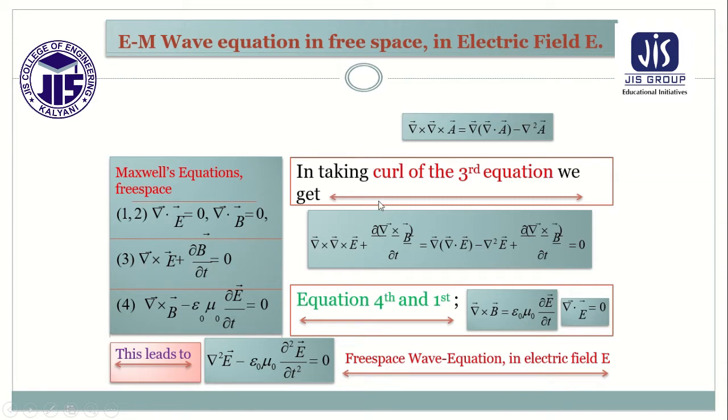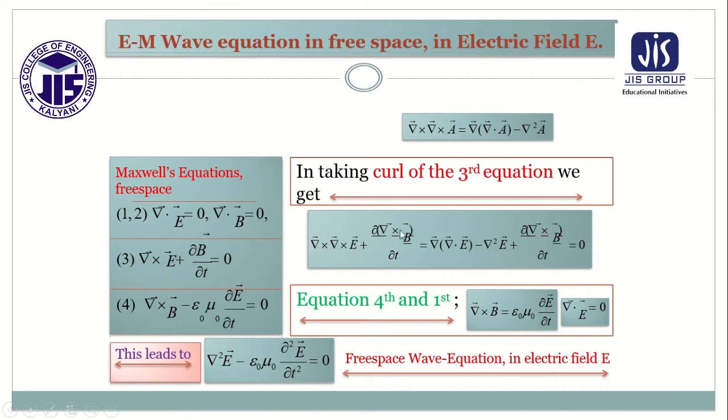If we take curl on both sides, we get nabla cross nabla cross E plus del by del t of nabla cross B equal to 0, which is nabla of nabla dot E minus nabla square E plus del by del t of nabla cross B equal to 0.